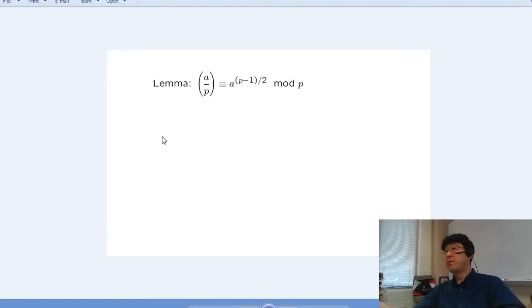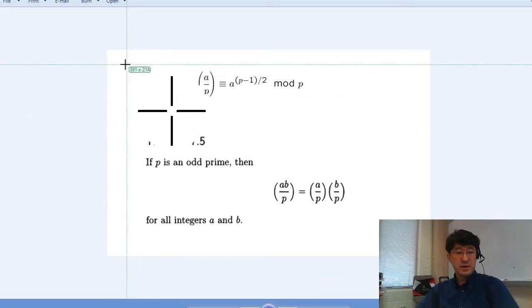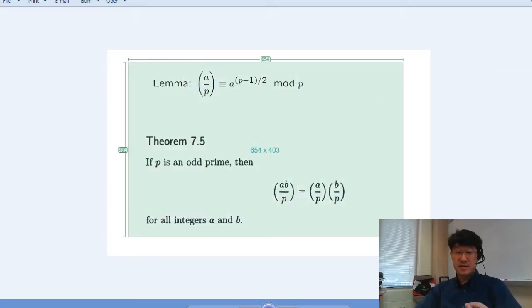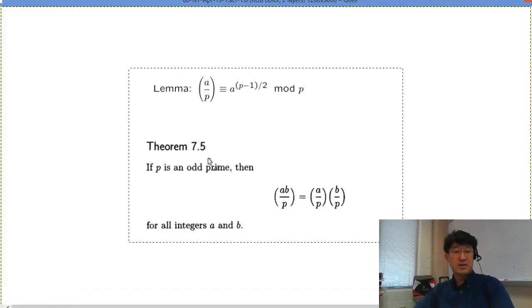All right. I already stated that, right? Makes perfect sense, don't you think? The Legendre symbol agrees with Euler's criterion. How about this one? I think you can prove it. This is one of the neat things about the Legendre symbol, right?